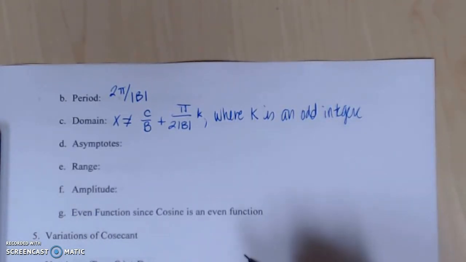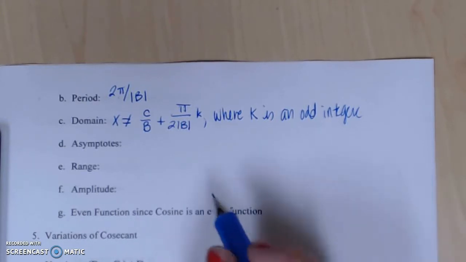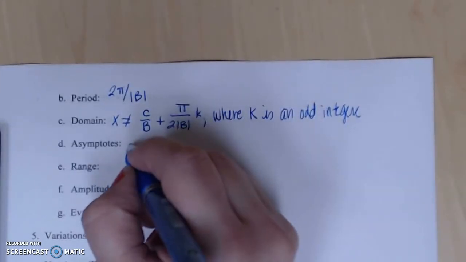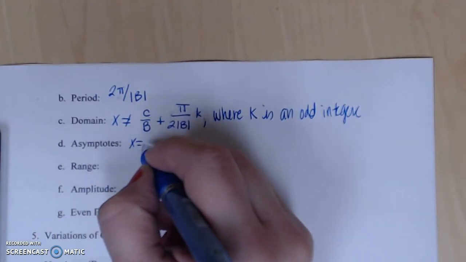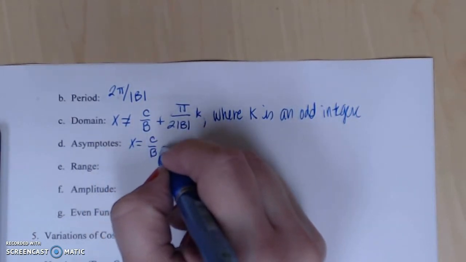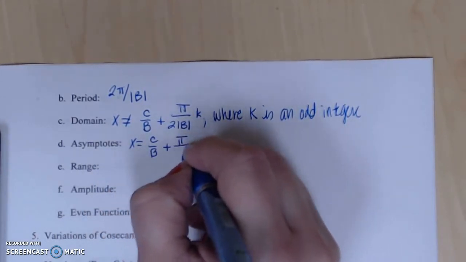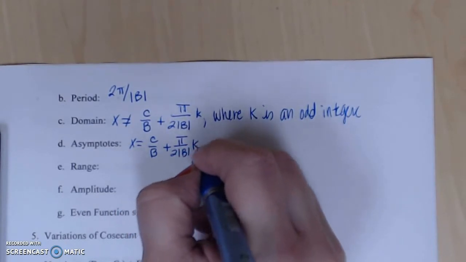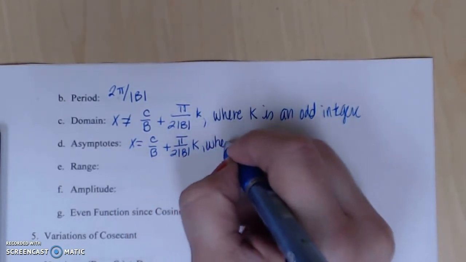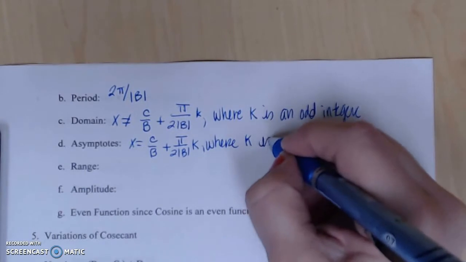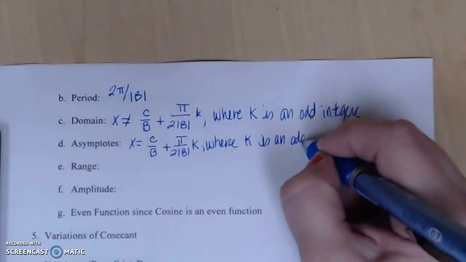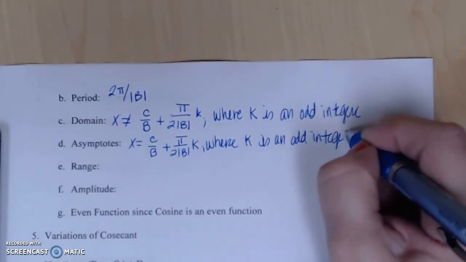The asymptotes, the vertical asymptotes occur at these points that we just removed from our domain. So I'd like to list that next. X equals C over B plus pi over 2 absolute value of B, K, where K is an odd integer.